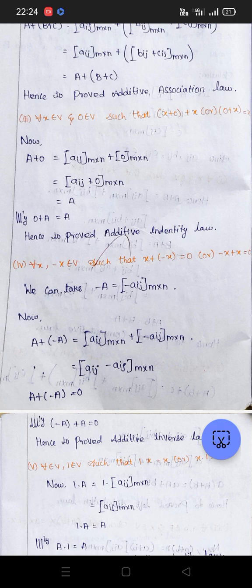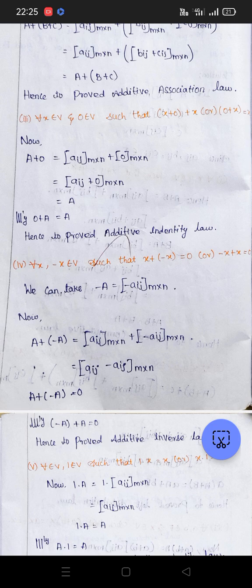The fourth condition: for all x, minus x belongs to V, x plus minus x is equal to 0 and minus x plus x is equal to 0.